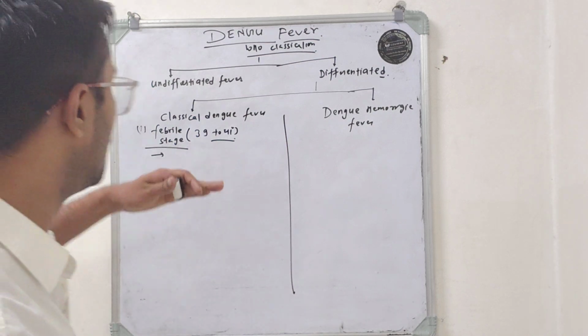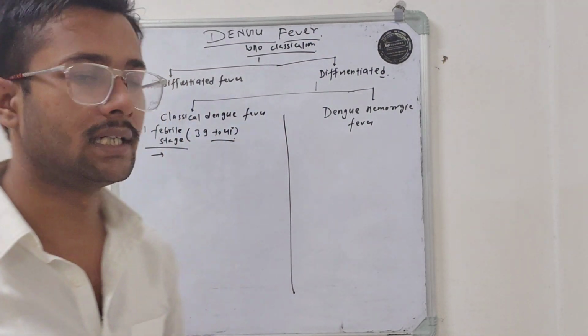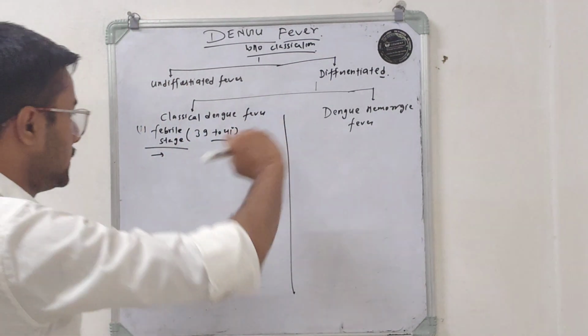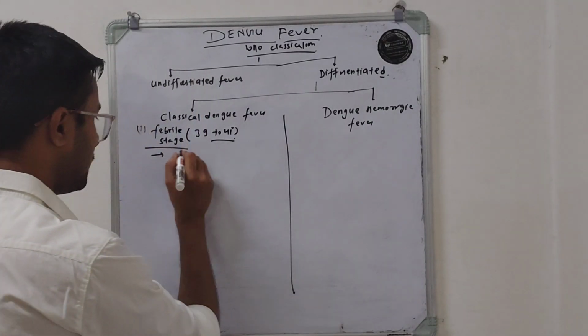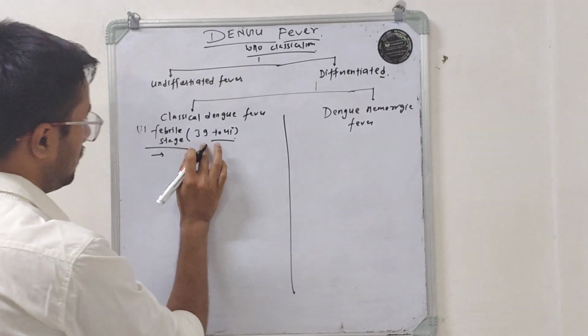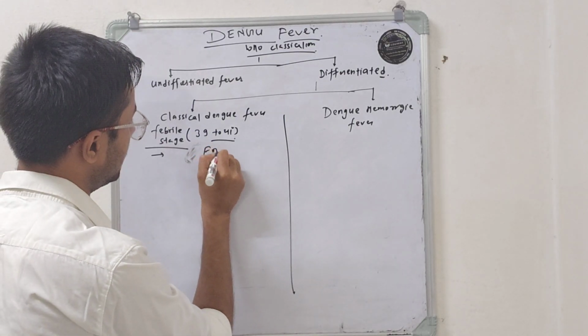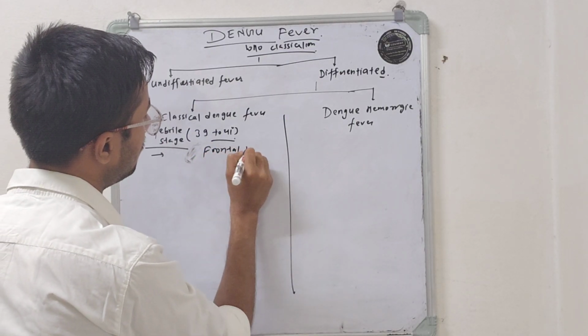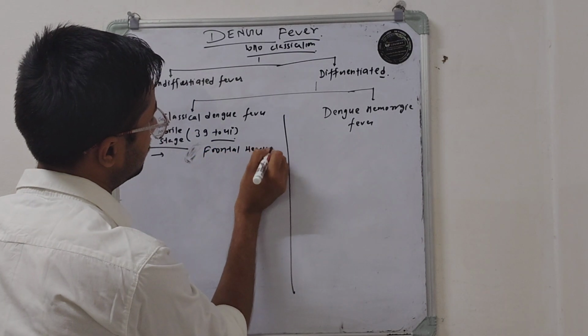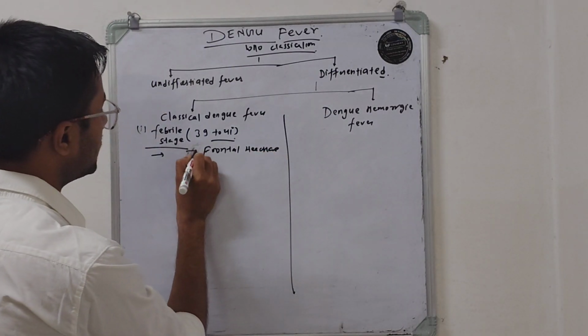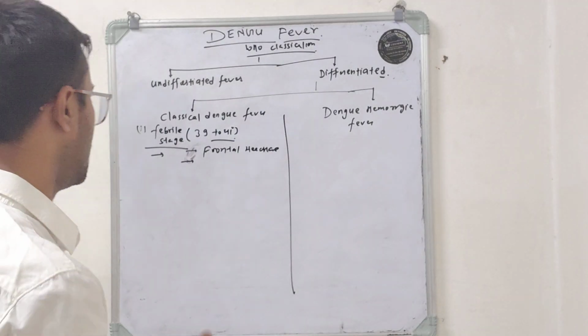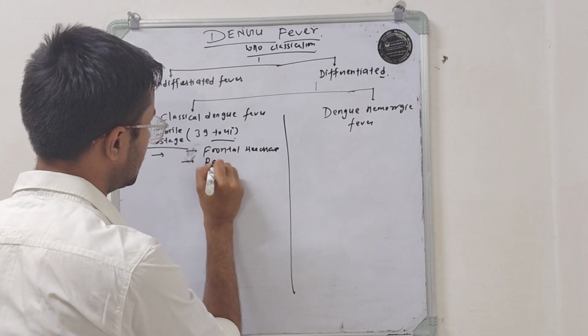What are the other classical features associated with this fever? The patient has headache, the classical frontal headache. Along with frontal headache, they also have retroorbital pain.